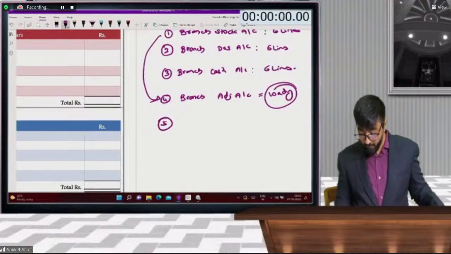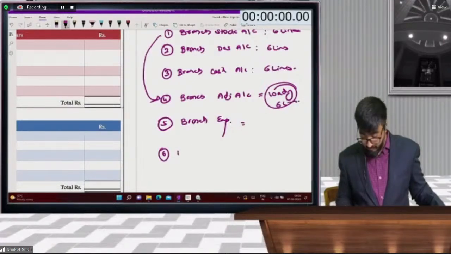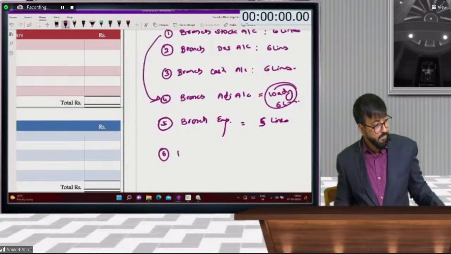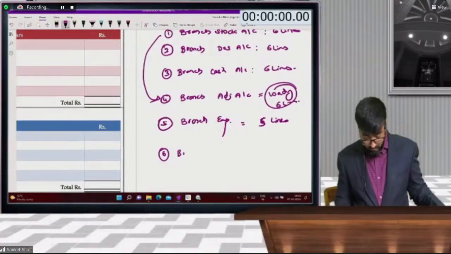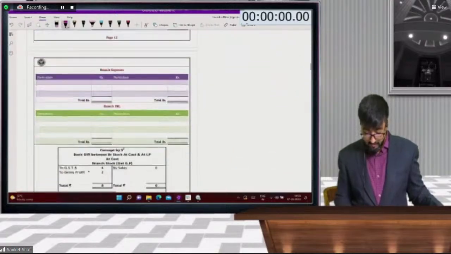Number 5, branch expense account, beta. Loading of 6 lines. Branch expenses 6 lines, 5 lines. And P&L, 5 to 6 lines.